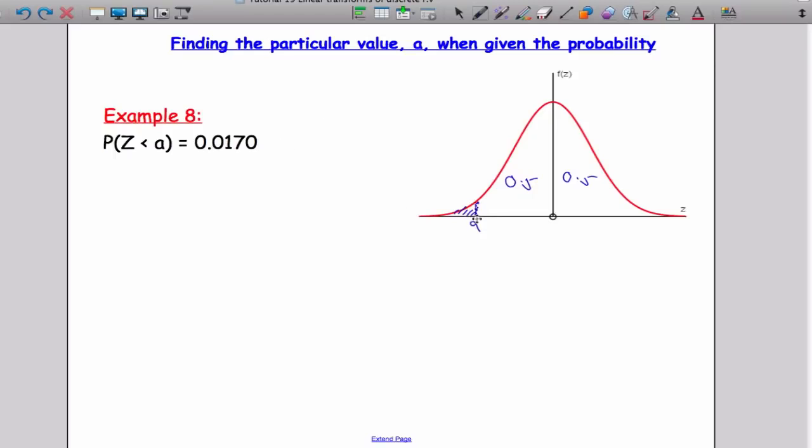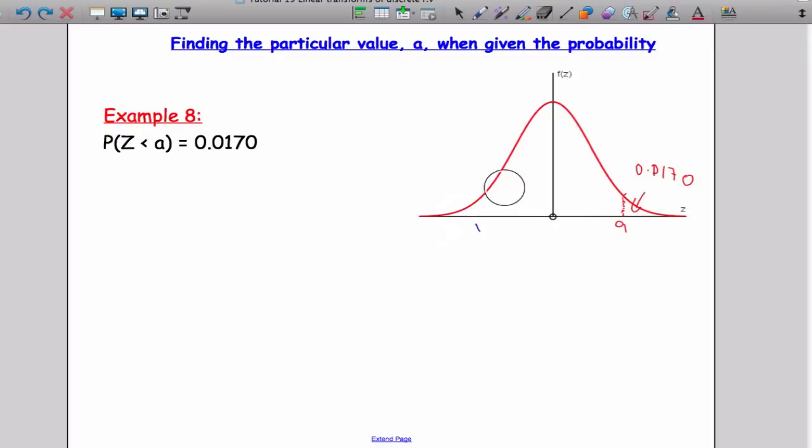Because our tables don't actually give negative probabilities, I'm going to have to use symmetry again. Imagining A is here, that would be 0.0170. That's the area in there.